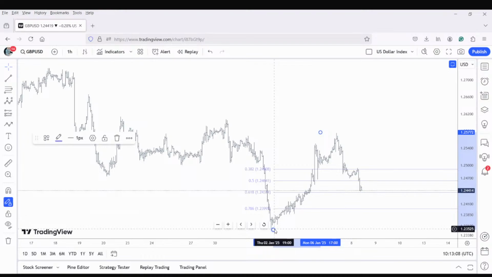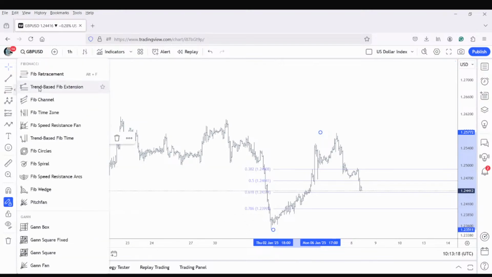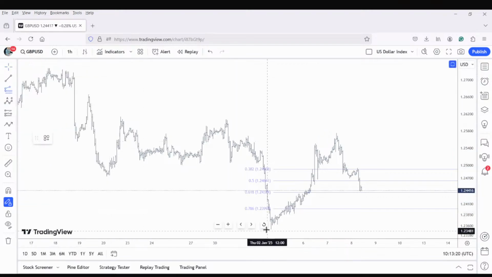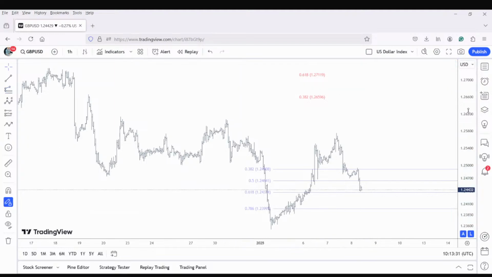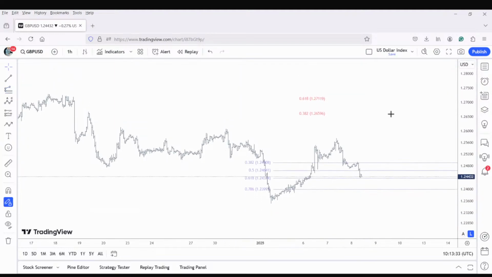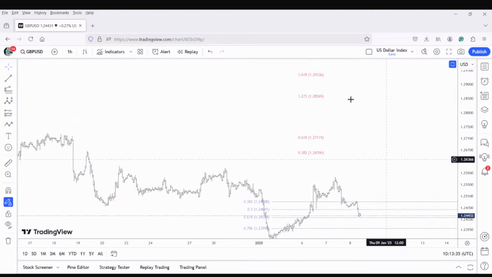Always keep your stop loss below the low or just above the high to avoid noise coming in. And a potential target for pound is around 2711 or even higher. All right, around 2933.